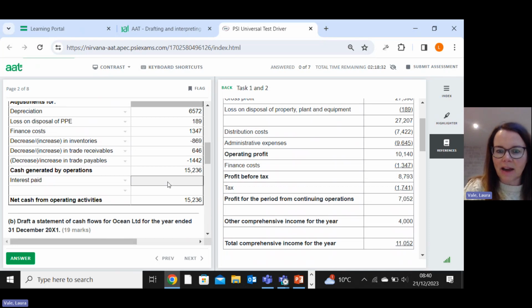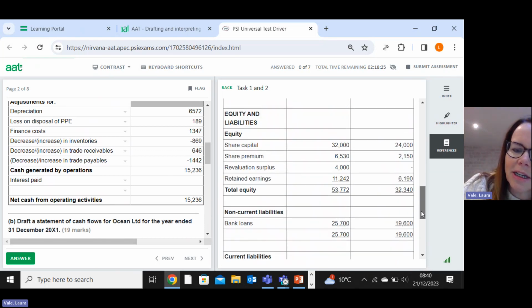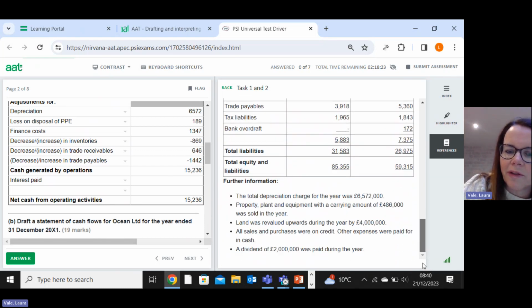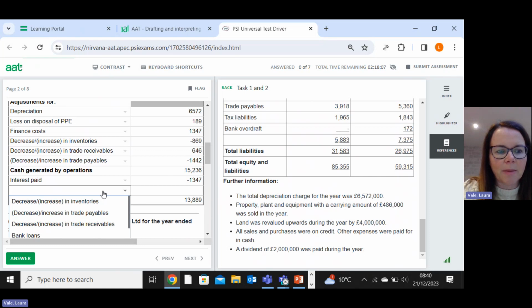Now, 99 cases out of 100, the interest paid is the same as the finance costs, but do watch out in case they mention that there's an accrual of interest, because the difference here is the finance cost is the charge that's gone into the profit and loss account, and the interest paid is the physical interest that has been paid for the year. And this one, they are the same figure. Right, then we've got tax paid. So let me find that one.